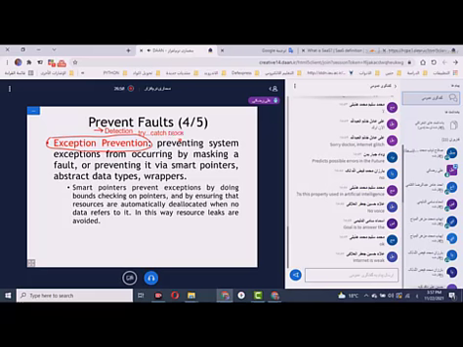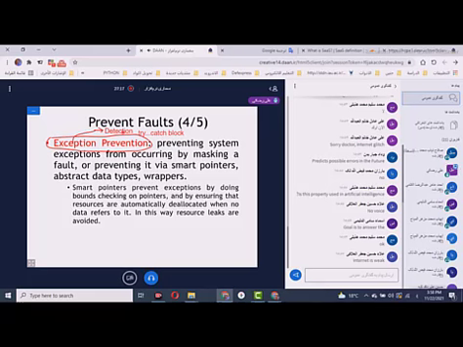I even showed an example. That was exception detection. But now, talking about exception prevention, what is the difference?